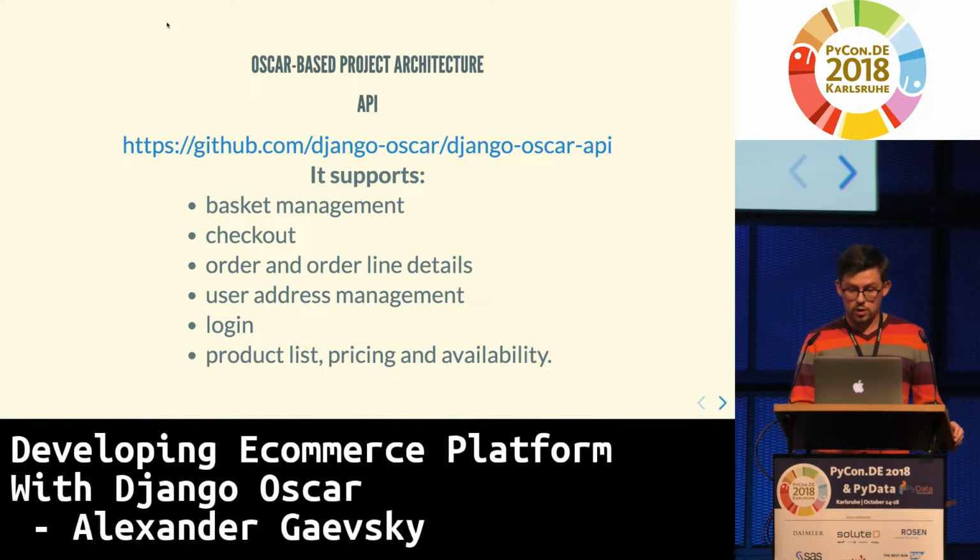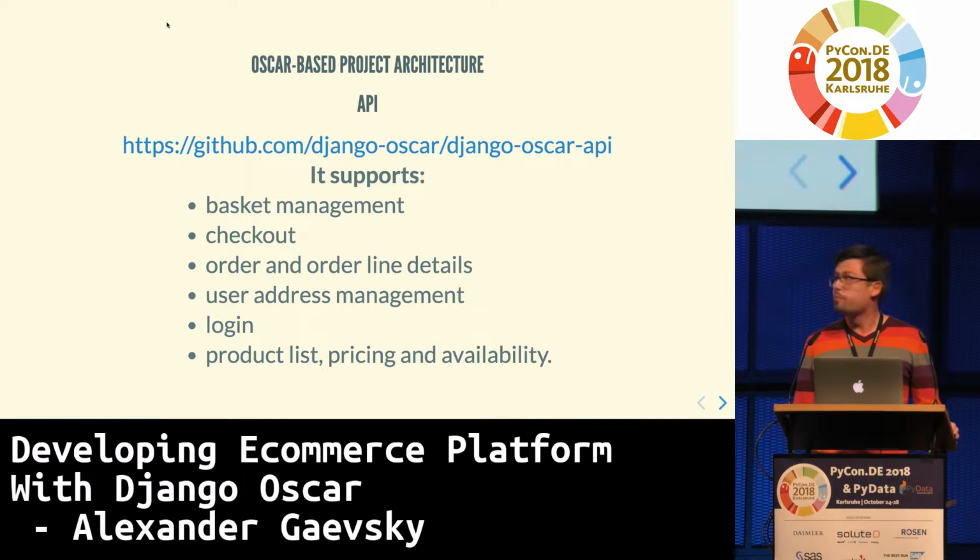Okay, so regarding the API, there is already an existing application called Django Oscar API. It's a bridge between the Oscar core functionality and Django REST framework. So it has all necessary functionality inside. You do not need to implement it from scratch.